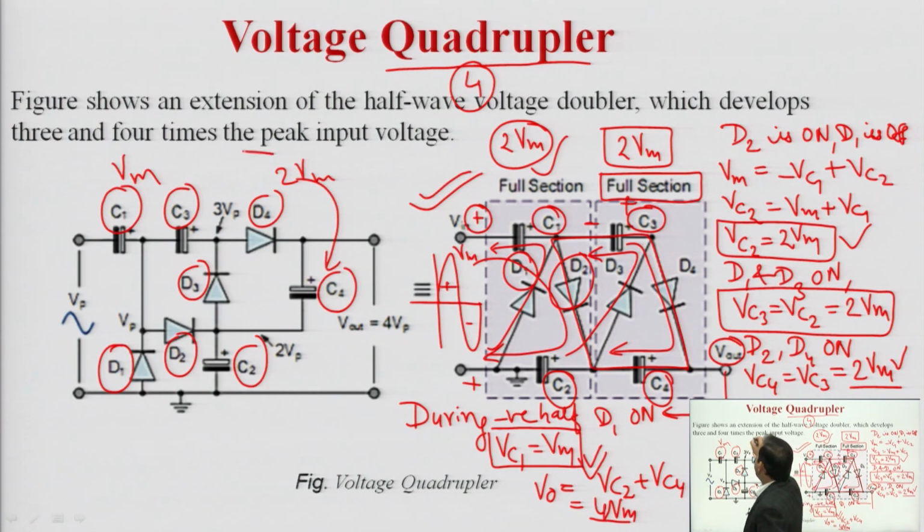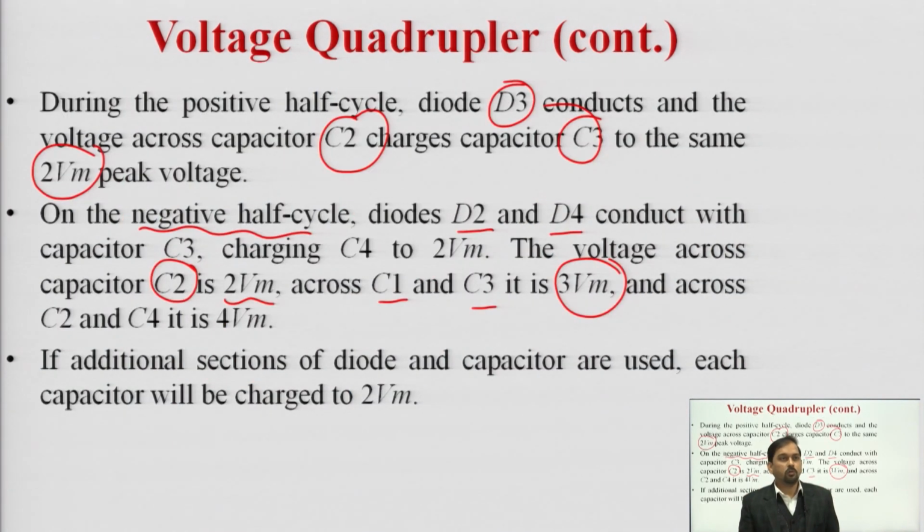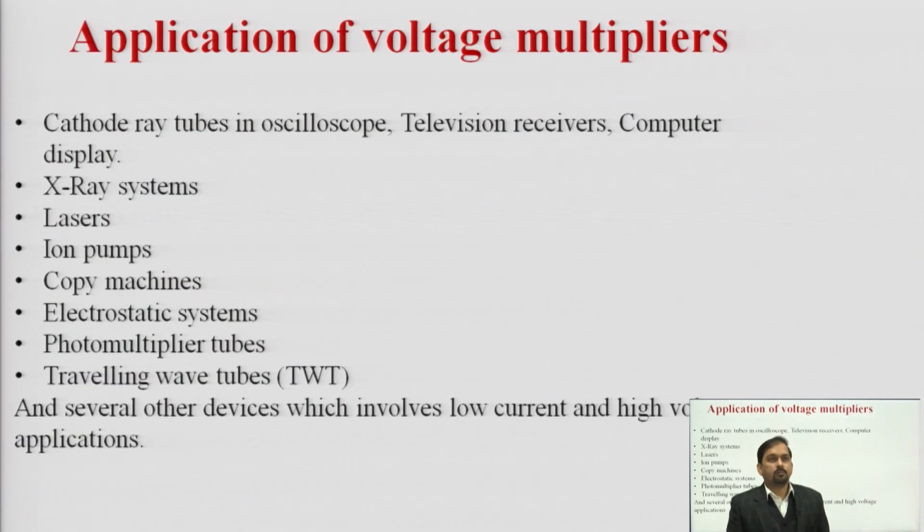So, if we measure this particular voltage, this is Vm and this is Vm, so this is 3 times. This means this circuit can work as a tripler also, and if we utilize capacitors C2 and C4, then we can achieve 4 times the input rectified voltage, 4 times Vm. So, this was the working of this voltage quadrupler circuit.